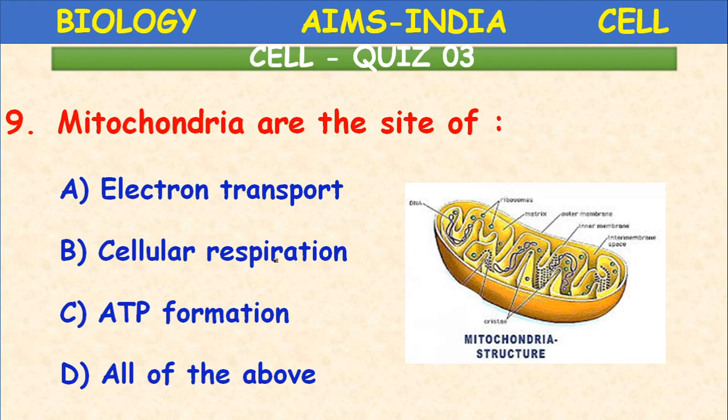So the process of cellular respiration takes place. Here, another step is called the Krebs cycle.